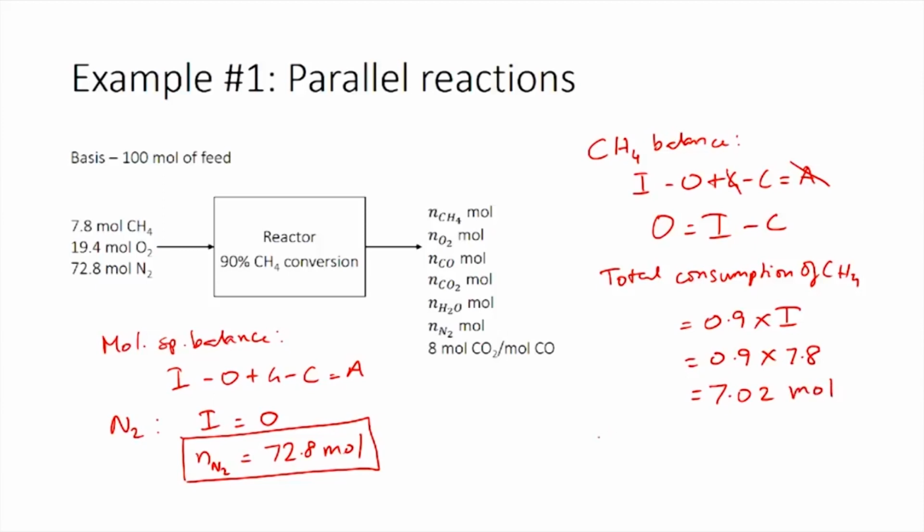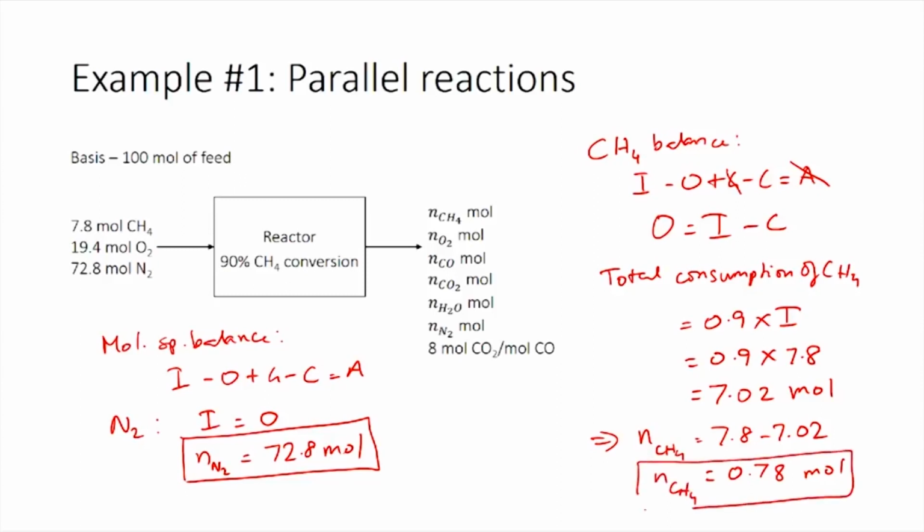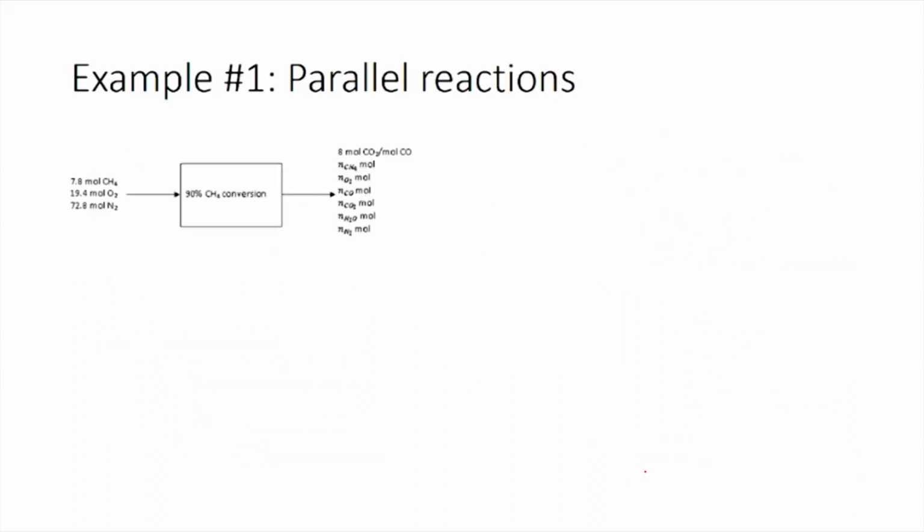Thereby we can calculate the output, N_CH4, as 7.8 minus 7.02, giving you 0.78 moles of methane leaving the system. So, we have now calculated the number of moles of nitrogen and methane. Let us start writing the balance for carbon monoxide.